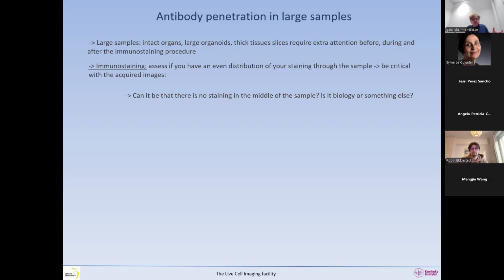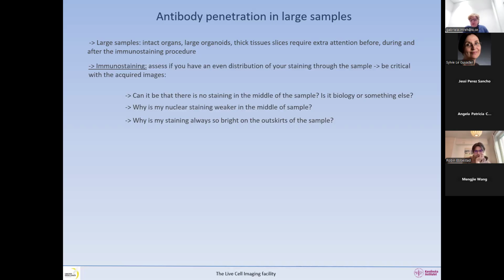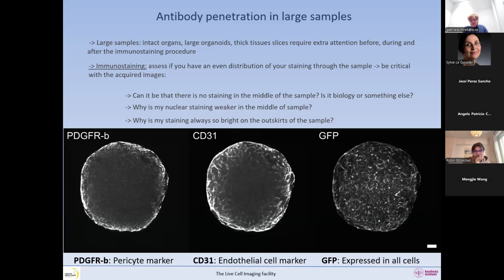But sometimes you say, no, it should be all through. Then start to think, why don't I see anything there? Or why is my nuclear staining weaker in the middle of my sample? It cannot be, they should be the same everywhere. Or why is my staining always so bright at the outskirts of my sample? And here I have an example.